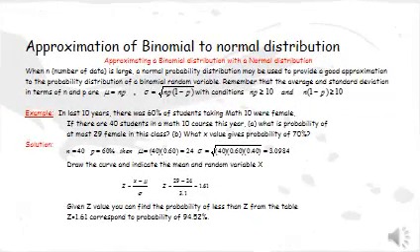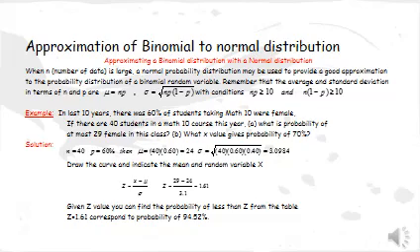The approximation of binomial to normal distribution tells us that when n, the number of data, is large, a normal probability distribution may be used to provide a good approximation to the probability distribution of a binomial random variable.